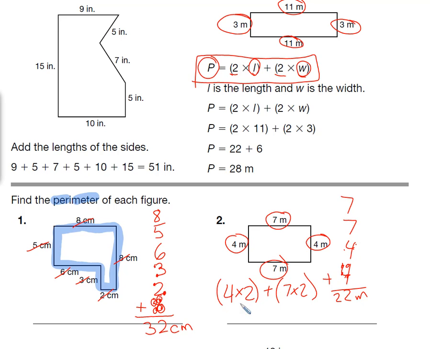So again, if we do this, 4 times 2 equals 8, and 7 times 2 equals 14. So 8 plus 14 is also going to equal 22 meters. Again, both of these strategies will give you the correct answer. It's whichever one you feel the most comfortable with.